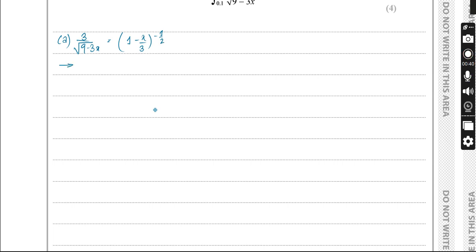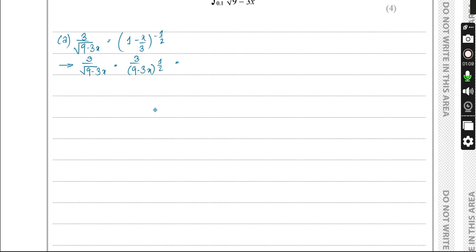If we work with the given expression, this can be written as 3 by (9 minus 3x) to the power half, because this is a square root and 9 minus 3x is to the power 1. And this is divided with 3.